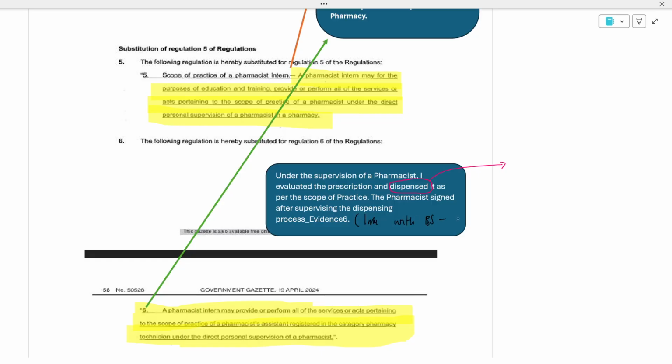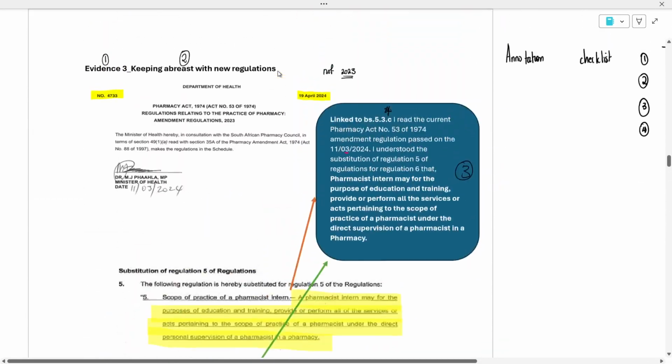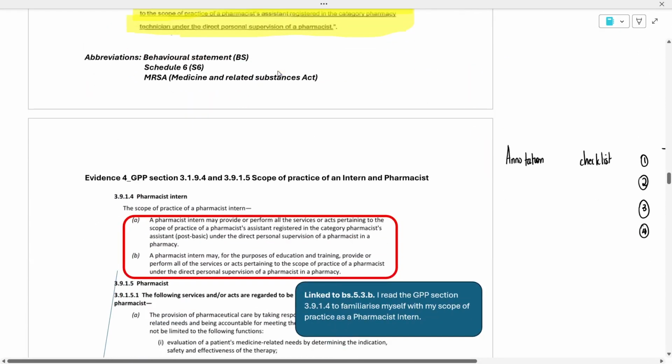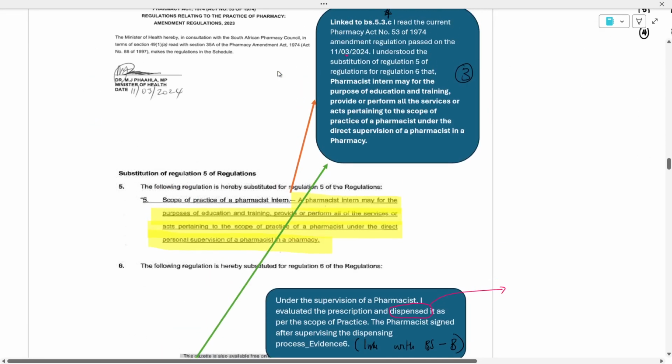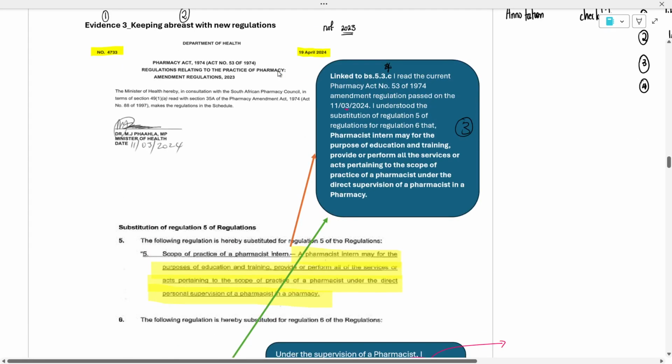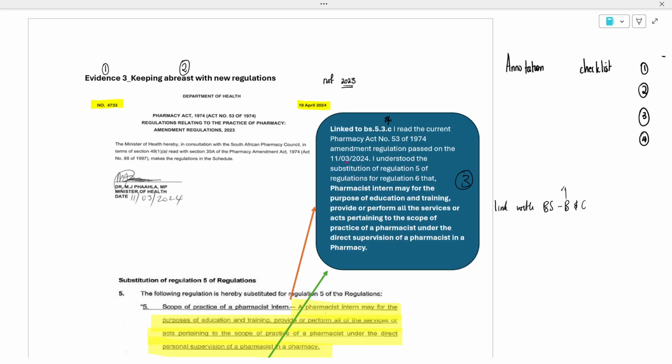Because the pharmacist was signing, I think this is about your scope of practice. So this is okay. Behavioral statement B, and this can be B and C. You can link with behavioral statement B and C about your scope of practice, about the latest regulations.